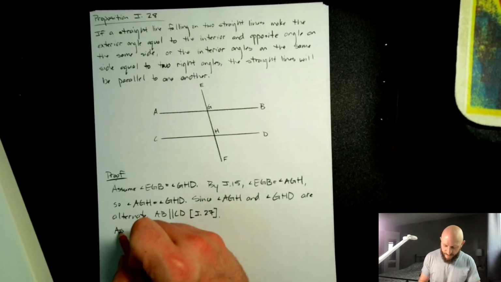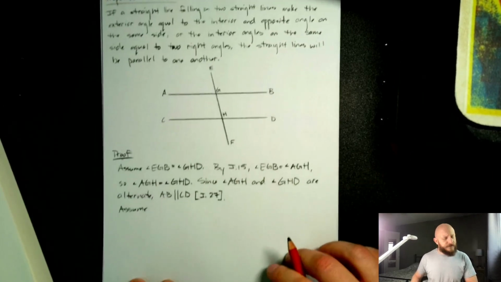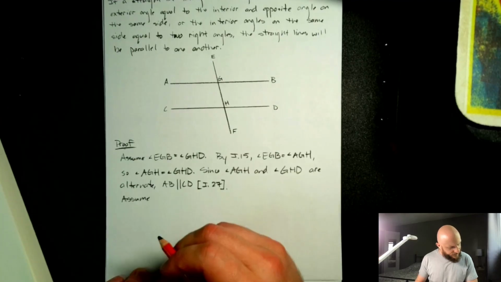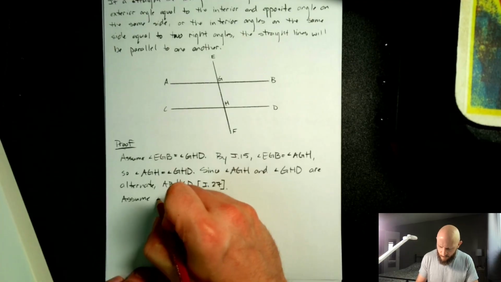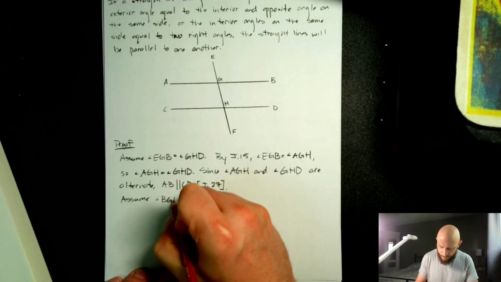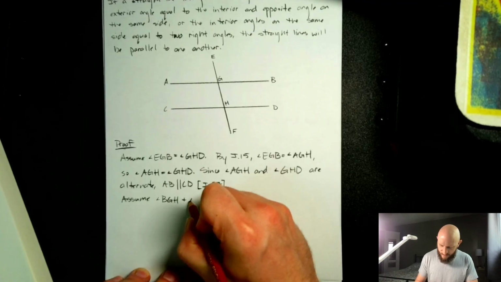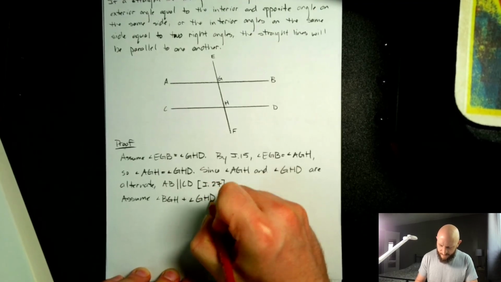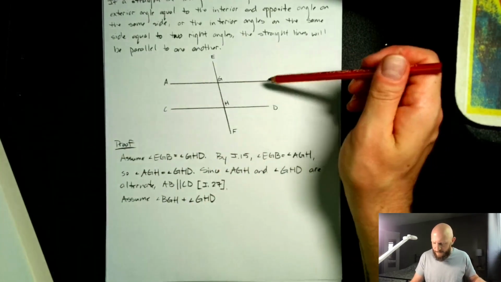Now we're moving on to the second situation. In this case, we are assuming that angle BGH plus angle GHD is two right angles. I just want to make sure that I'm setting this up right, that he's not just jumping straight into things, because sometimes he leaves a little bit out.